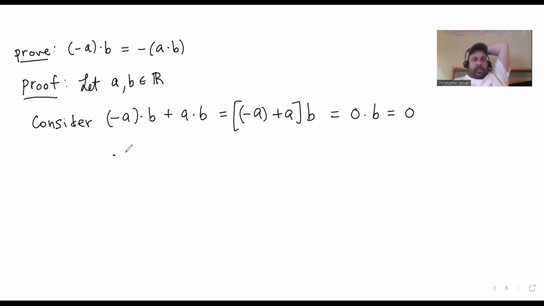Okay, so I have this equation now, negative a times b plus a times b is 0. And I can multiply both sides. Sorry, I can add the multiplicative inverse of a times b on both sides. Sorry, did I say multiplicative inverse? I meant additive inverse.